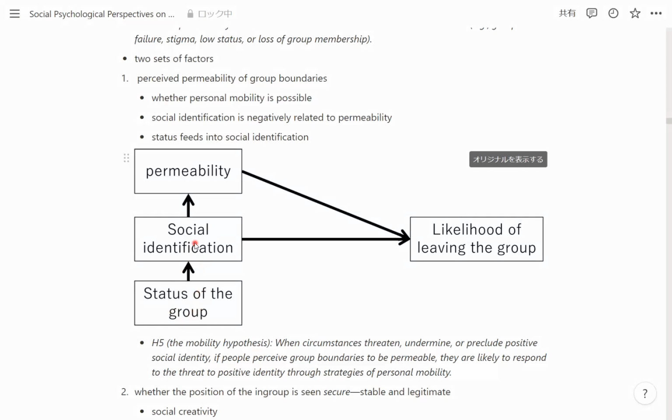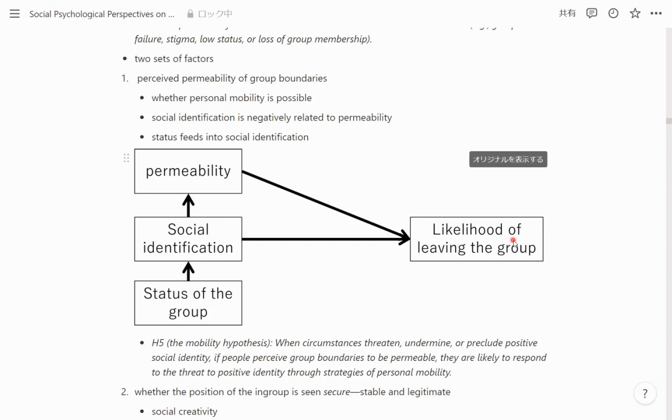And when people strongly identify with their group, they find it so difficult to leave their group. This is related to permeability. But when people do not strongly identify with their group, then they feel that it's so easy for them to just ditch their group. So when people see high permeability, people are more likely to leave their group. And when the permeability is low, people are less likely to leave the group.